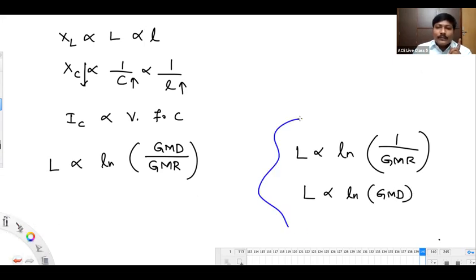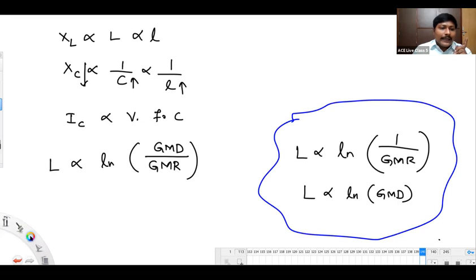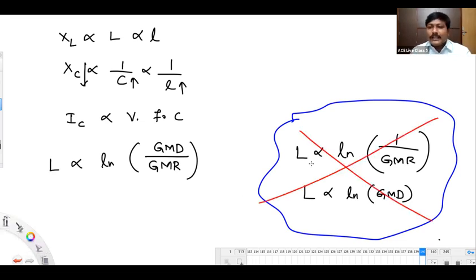This type of thing we should avoid. It's completely wrong. Even though GMD is constant now and we are saying only GMR is varying, you should still write ln of GMD by GMR. I should not push this GMD into the proportionality constant. Kindly listen to this. We should always write inductance is proportional to ln of GMD by GMR only.